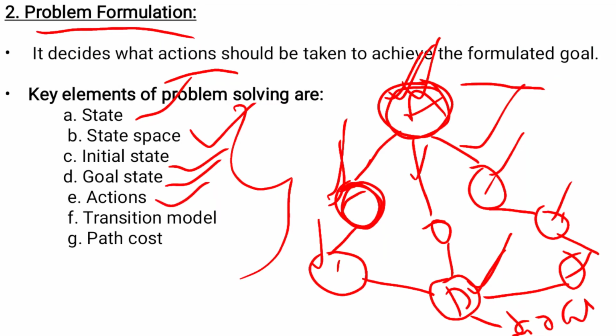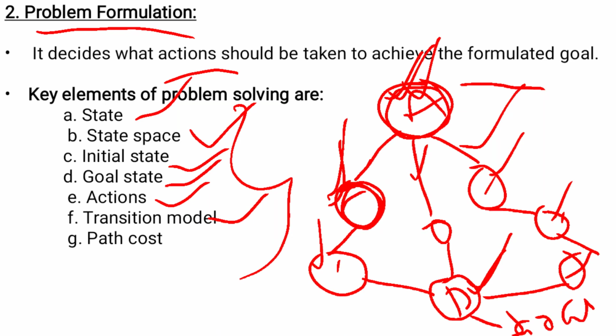Then actions. Actions are the description of the possible actions available to the agent. That means it explains what actions the agent can take to reach a goal. That is the actions. Then transition model is also the same as actions, but it describes each action that can be done.